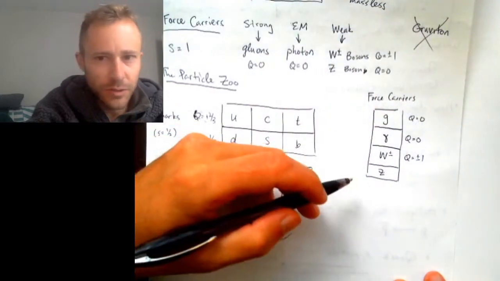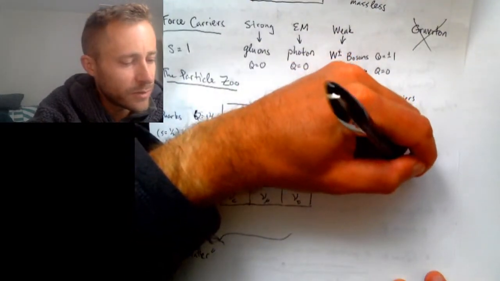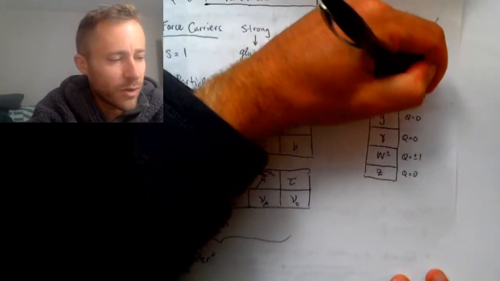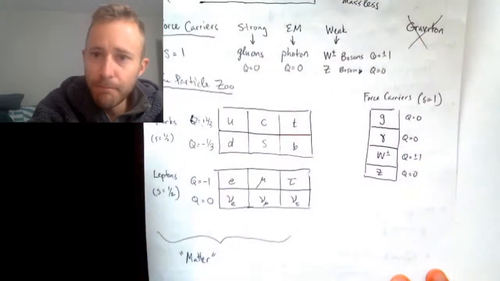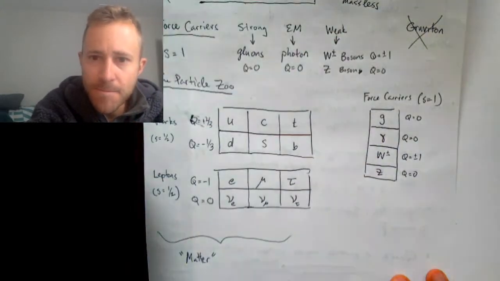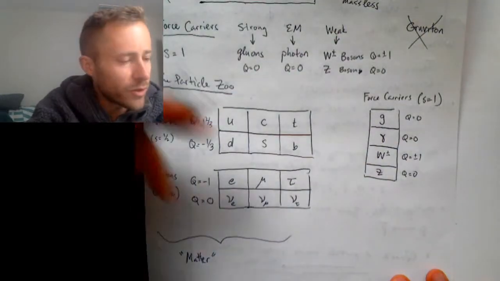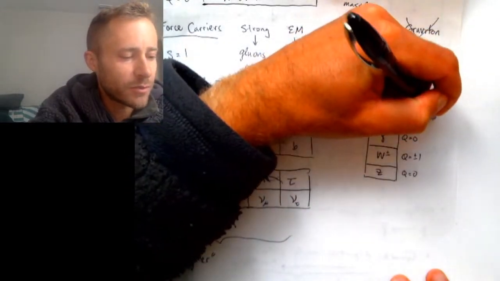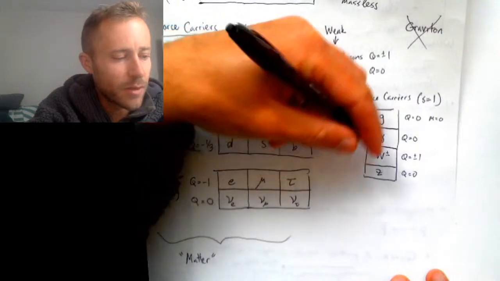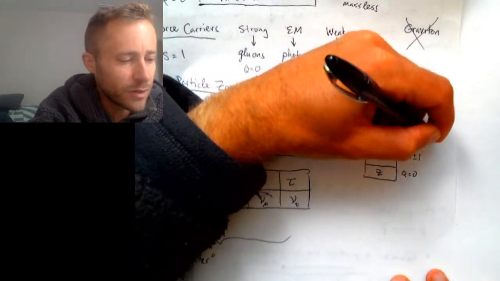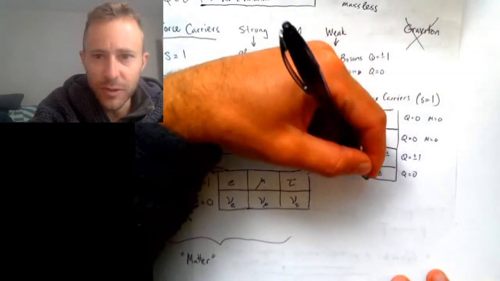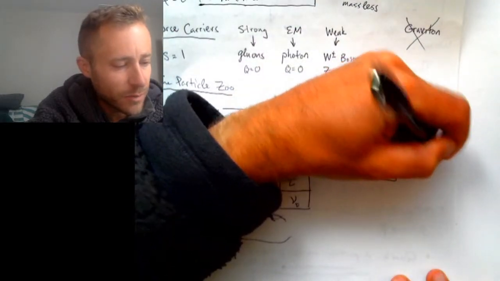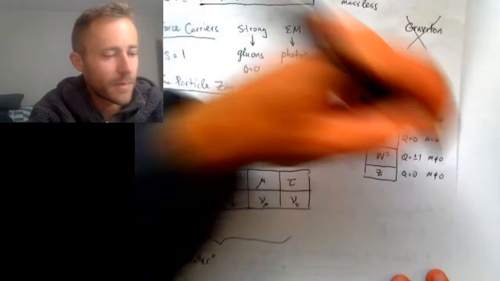The charge of a Z boson is 0. The force carriers all have spin 1. All right. Let's talk about mass as well. So for the force carriers, the mass of a gluon is 0. The mass of a photon is 0. And the mass of the W plus or minus and the Z's are not 0.